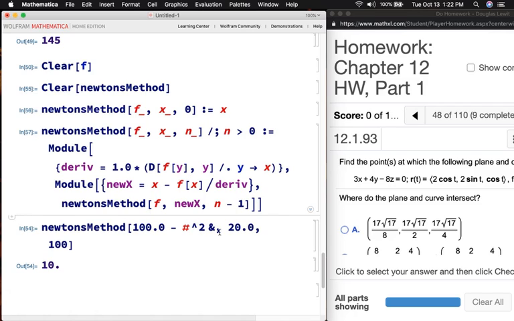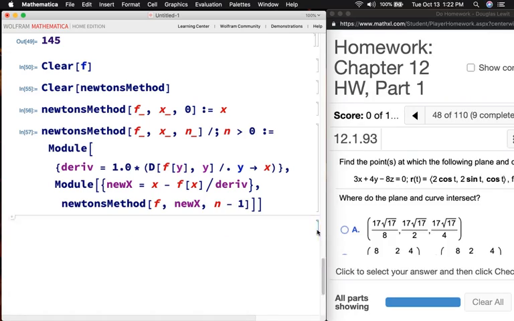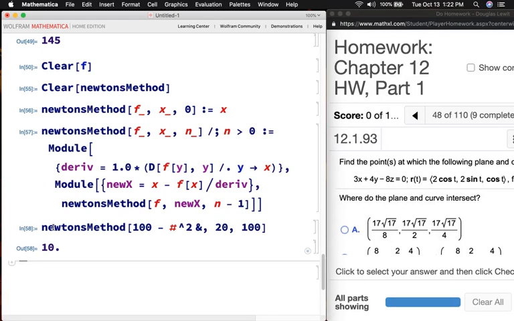So let me erase this. Newton's method, 100 minus some variable squared. I'm going to guess 20, and let's do 100 repetitions. That's fine. So we know that 100 minus 10 squared is equal to 0. So what I found was a root of the function using Newton's method.